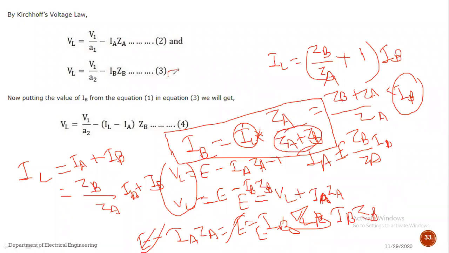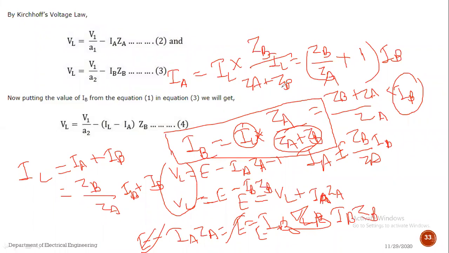Similarly we can write the equation for IA also: IA equals IL into the impedance of the opposite transformer, that is ZB divided by ZA plus ZB, right? So the load shared by each and every transformer, that means the current shared by each transformer, we are able to calculate.